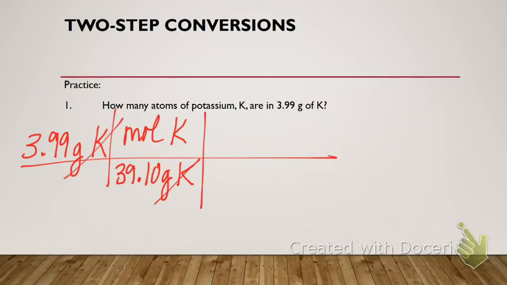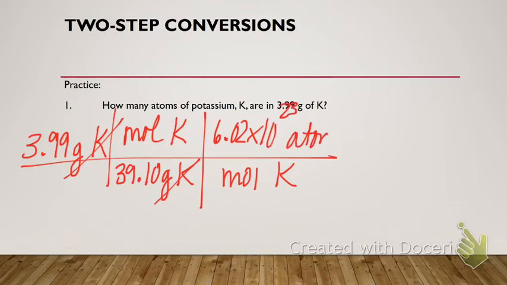Now what can I do? Every 1 mole of potassium is 6.02 times 10 to the 23rd atoms of potassium. All right, moles are canceling, so I'm going to do 3.99 times Avogadro's number, and then divided by 39.10.